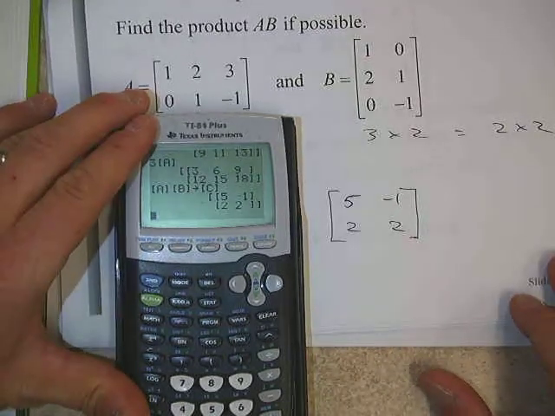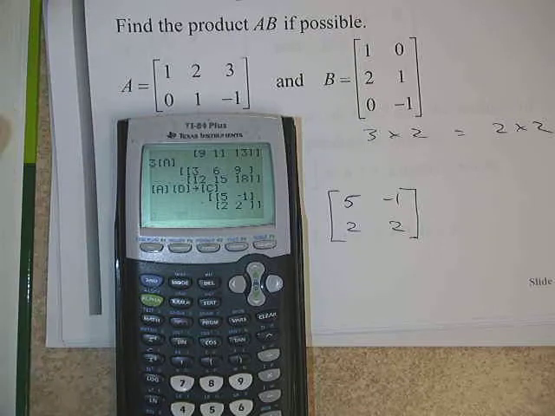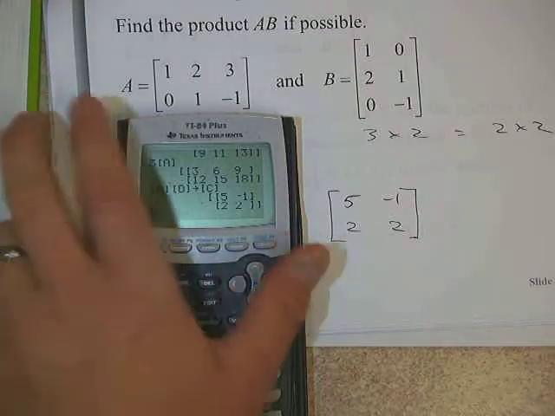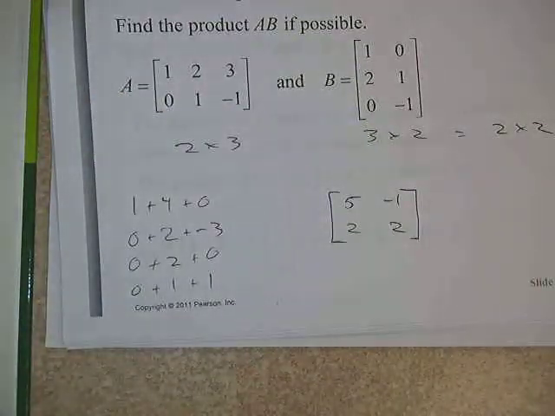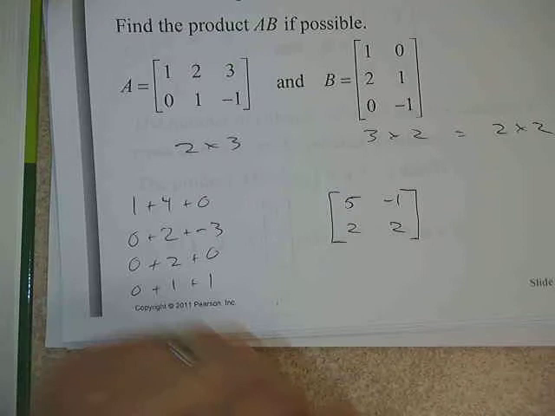And this time if I do my matrix A times matrix B, and I store that in matrix C, I get my answer 5, negative 1, 2, 2, just like I expected. Questions so far?